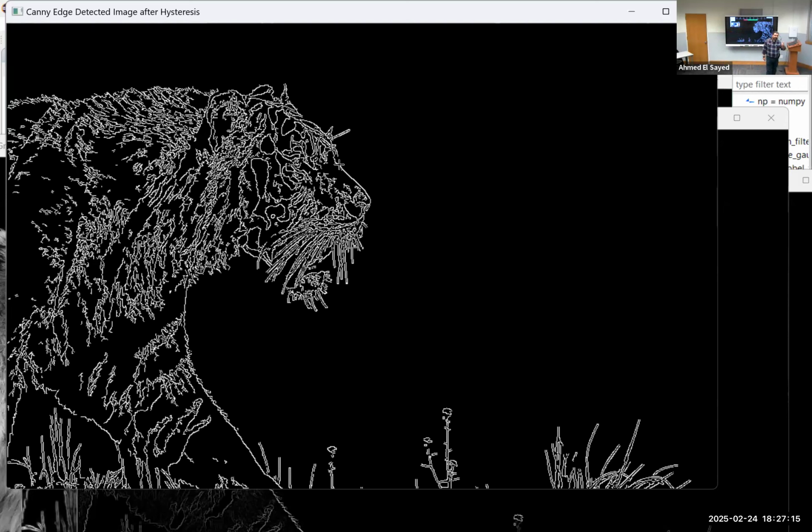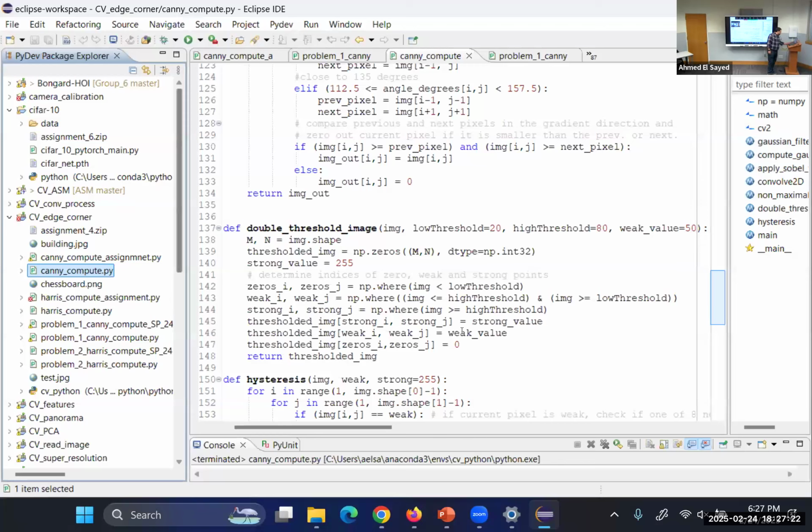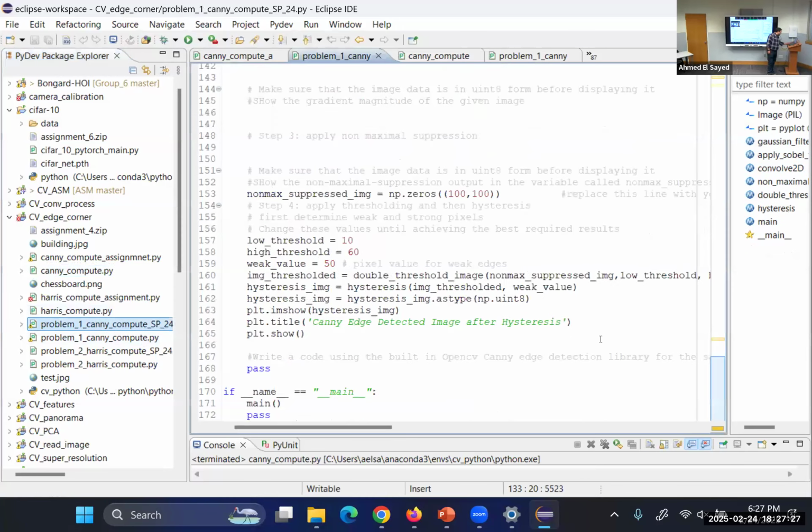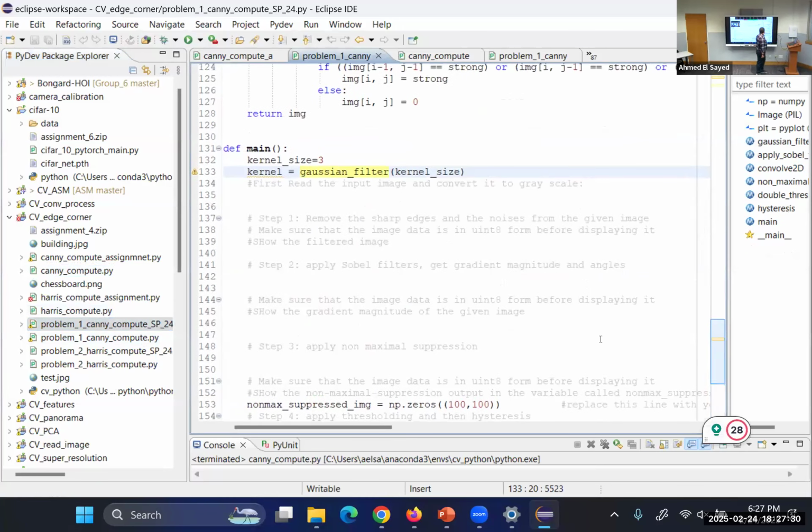This parameter, sigma, is for the initial filter calculation. Okay? If I increase the sigma, this means I'm reducing the number of edges. Sorry, reduce the sigma, increase the number of edges. Increase the sigma, reduce the number of edges.